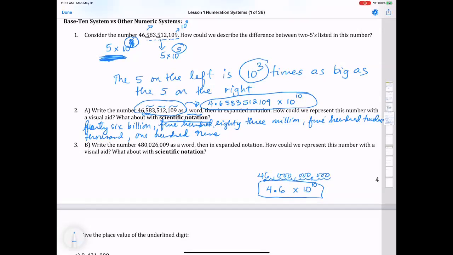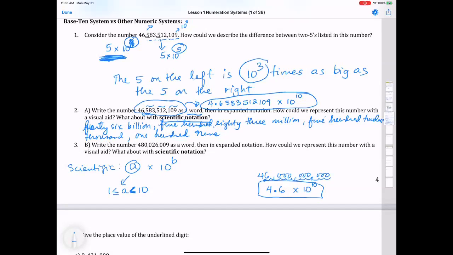So for scientific notation, the standard: a number is in scientific notation if it can be written as A times 10 to the power B, where A is a number between 1 and 10, but it cannot be 10. Notice that I did not use the equal sign here.